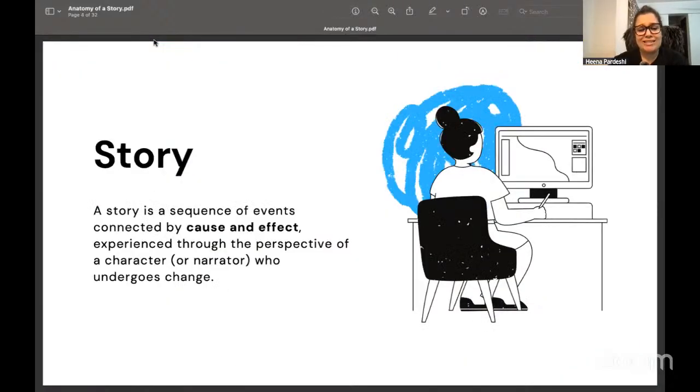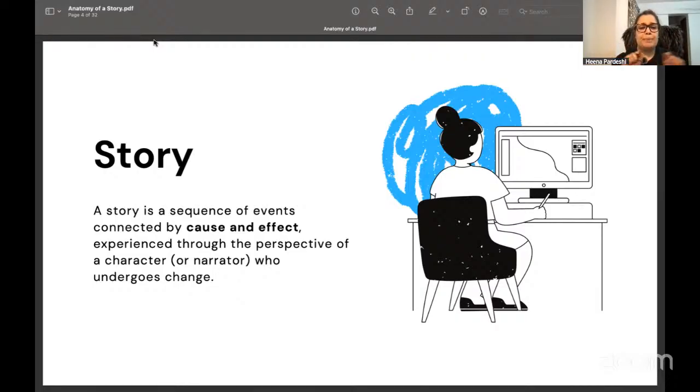Now, a story is essentially a sequence of events connected by cause and effect, experienced through the perspective of a character or narrator who undergoes change. In simple words, a story is about someone who wants something and faces obstacles while trying to get that something.